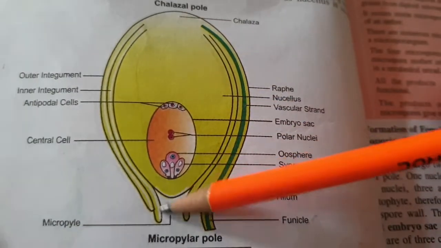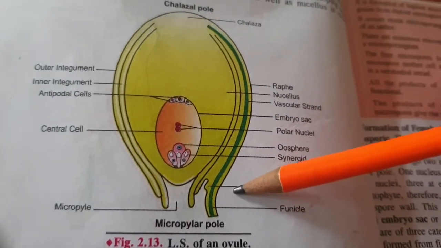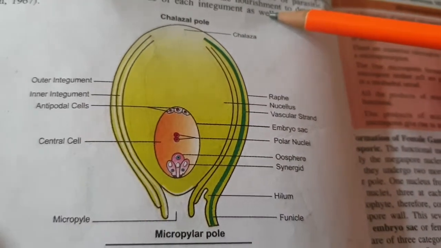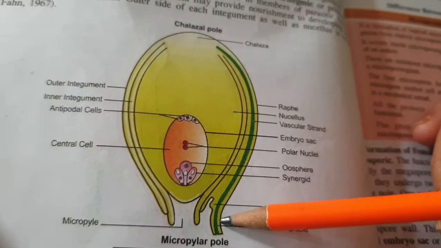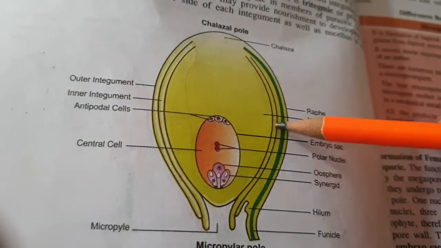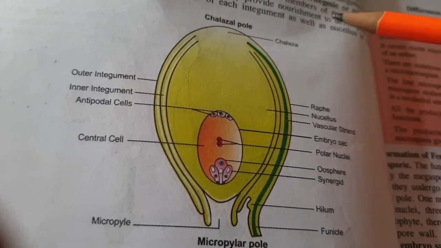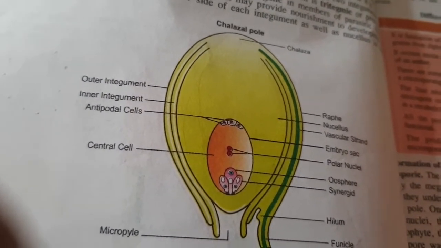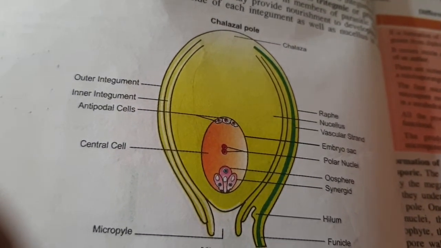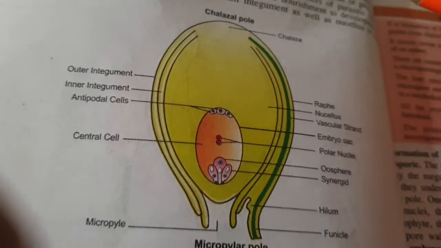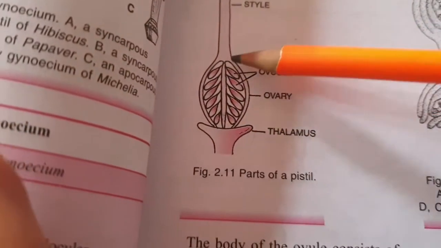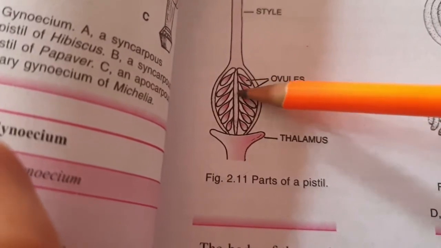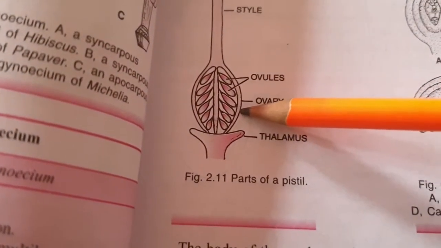Now this is the structure of an ovule, an LS of an ovule. It is actually an integumented, indehiscent megasporangium which is stalked. It bears a stalk and it is oval and somewhat whitish in color. Now this is borne on a parenchymatous cushion, the placenta, inside the ovary. You can see here in this diagram, this is the placenta, this is the ovary, and this placenta bears the ovules on either side.